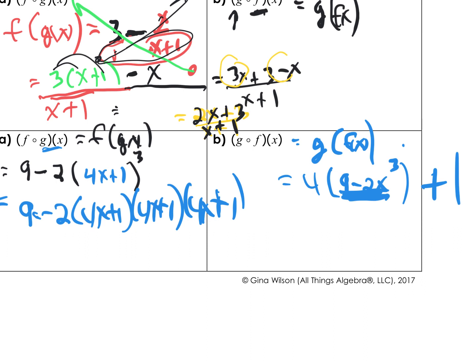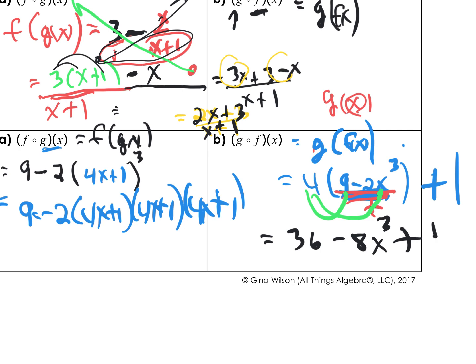This, unchanged color, is f. This was f in place of the x of g of x. This replaced this. Now, this is easy. I can distribute my 4 only to those two. Final answer, 36 minus 8x cubed plus a 1. Okay, the 36 can add the 1, so I still have a negative 8x cubed plus the 37.